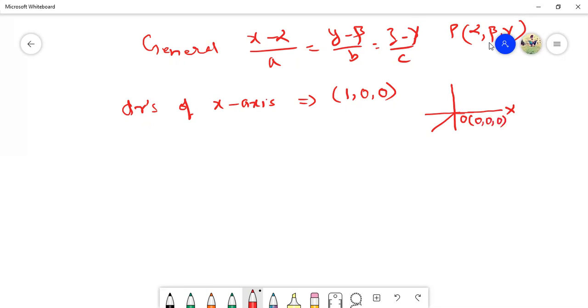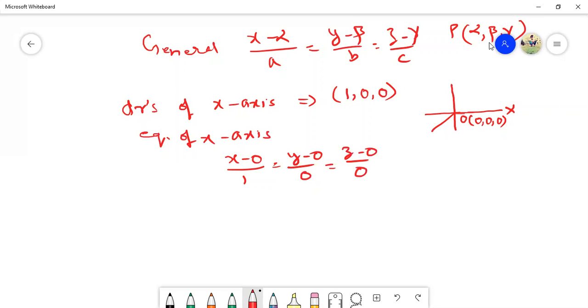So the equation of the x-axis will be x minus 0 upon 1, y minus 0 upon 0, and z minus 0 upon 0. So y is equal to 0, z is equal to 0, and x is equal to 1.